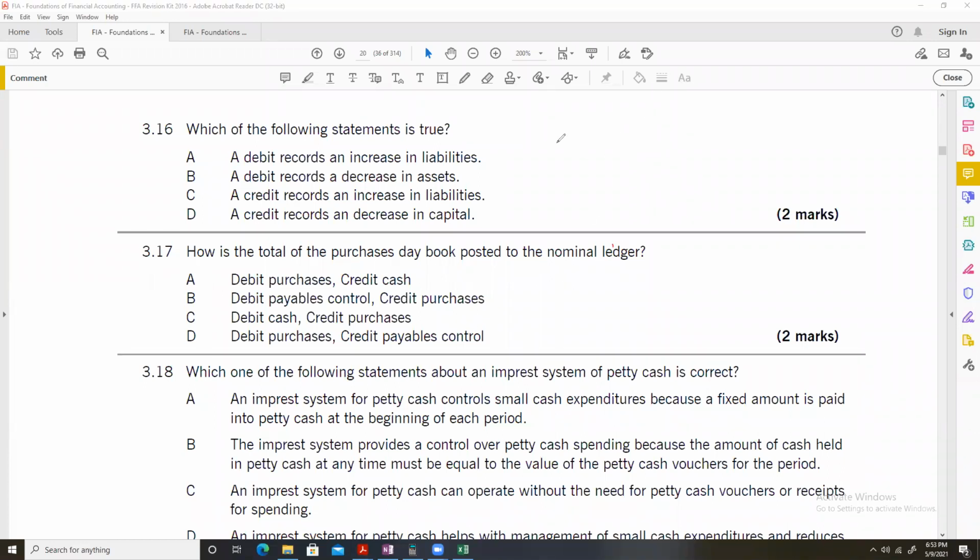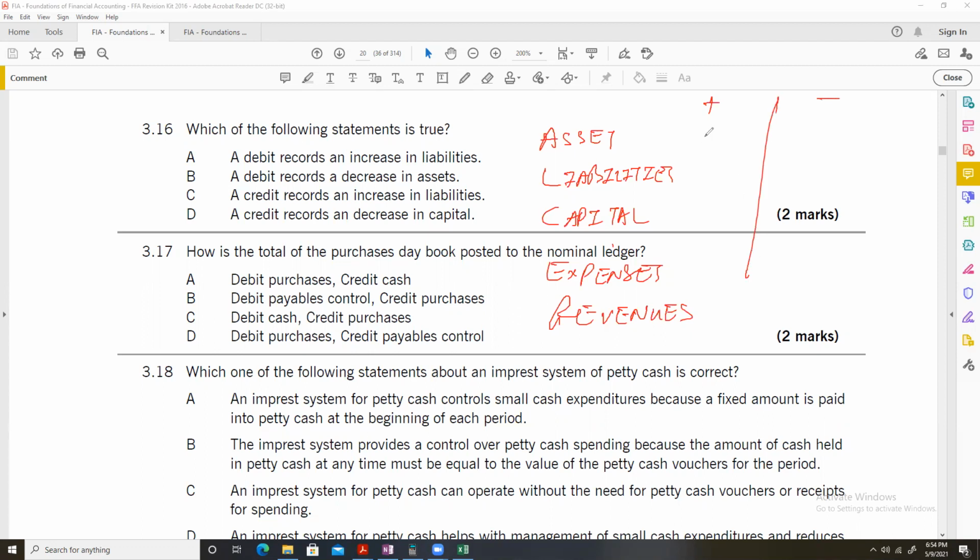Just to make you revise the rules, I am mentioning here assets, liabilities, capital, expenses, and revenues. When assets increase, assets are debited, and when assets decrease, assets are credited.